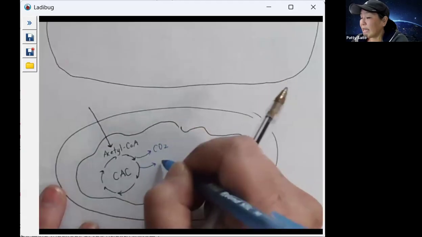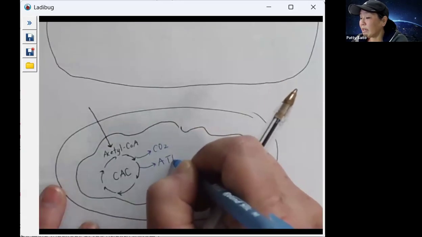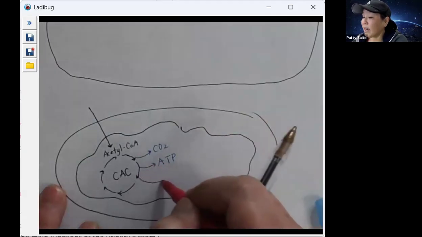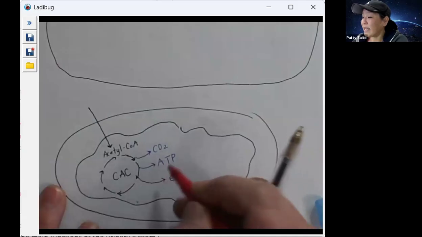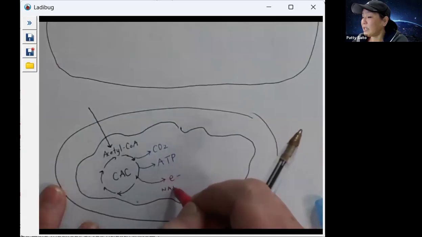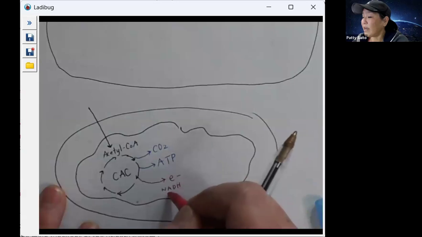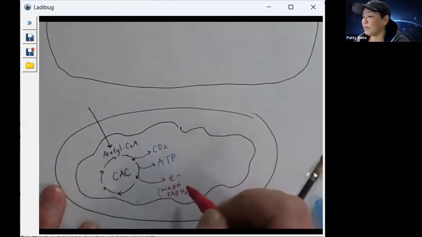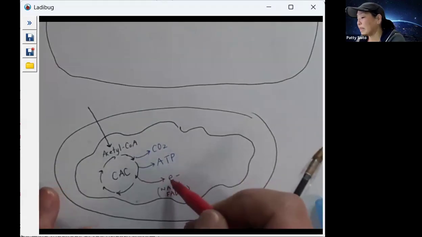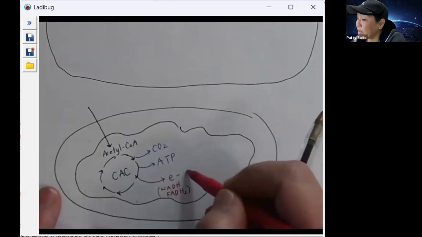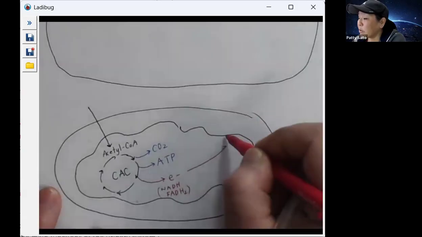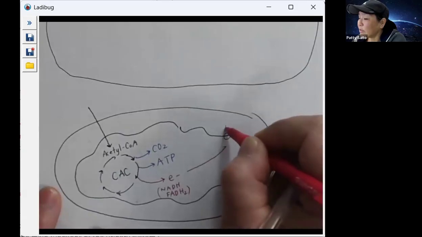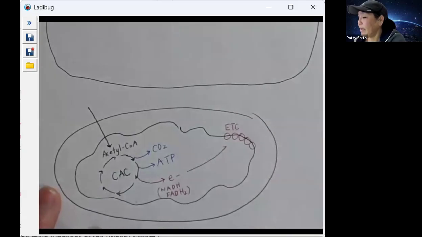We'll get a little ATP out of it. And then we'll get some electrons out of it, carried as NADH and FADH2. And I'm not going to ask you this, right? It's more about the electrons I want to know, because they go to the electron transport chain.